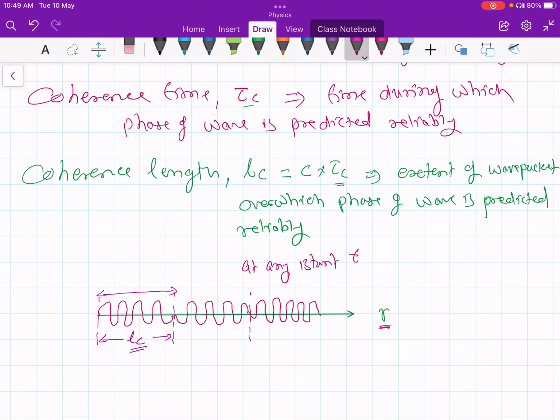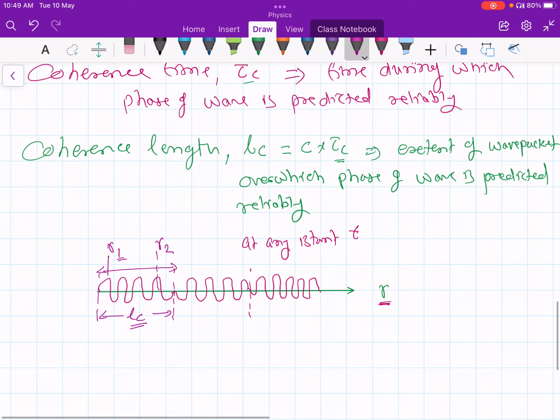Now in this case, if you take any point, say R1, and you know the phase at distance R1, then you can calculate the phase at distance R2, some later distance, provided the difference between R1 and R2 is less than the coherence length.